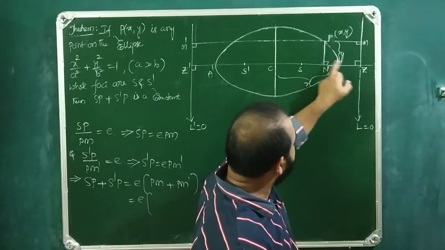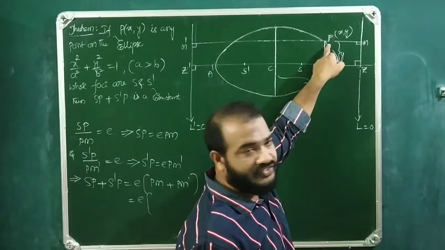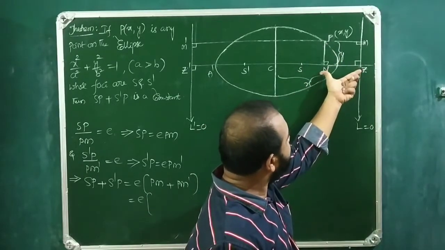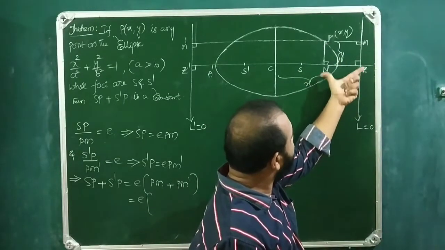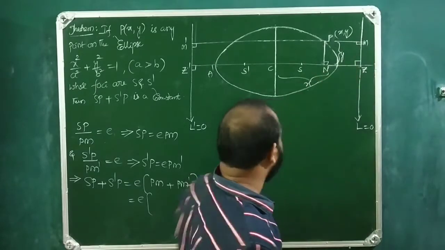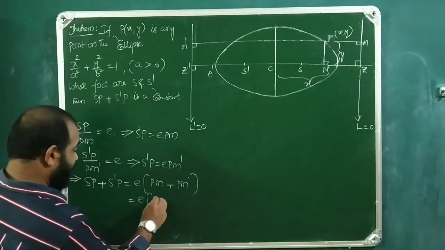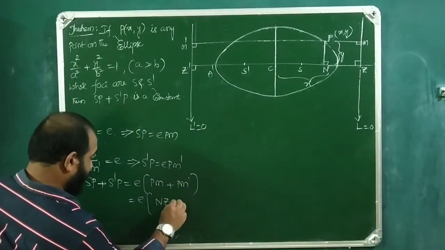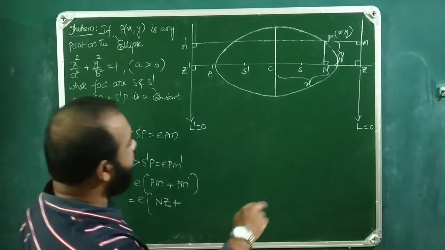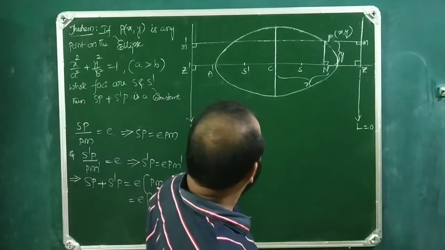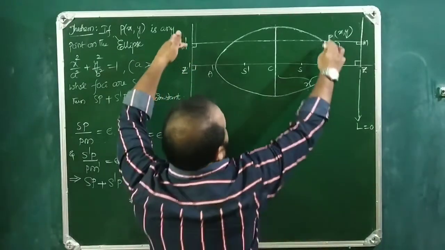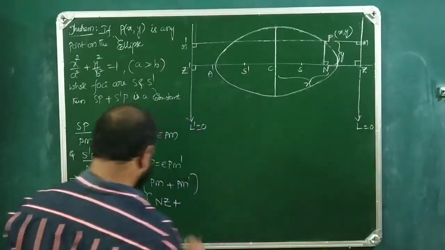Therefore this is 90, this is 90, this is 90, obviously this is 90. So opposite sides are equal, so NZ and PM are equal. Therefore PM can be written as NZ, and PM dash is nothing but NZ dash.